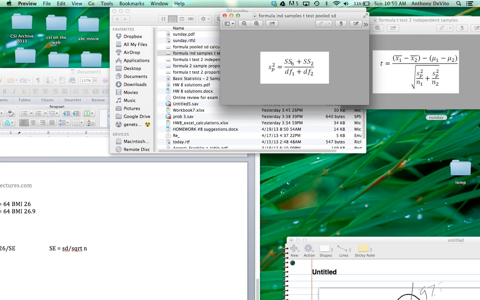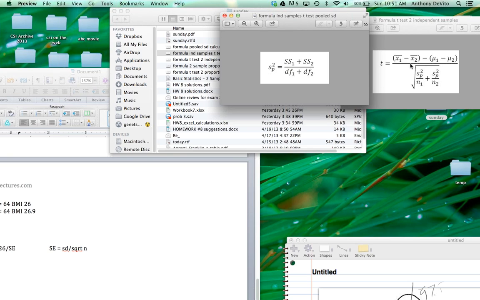It's the sum of squares for the first group plus the sum of squares for the second group over the degrees of freedom for the first group plus the degrees of freedom for the second group. Well, what's the sum of squares? The sum of squares is the standard deviation squared times the degrees of freedom. A little confusing, right? Think of it this way.